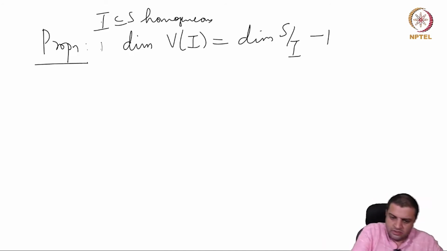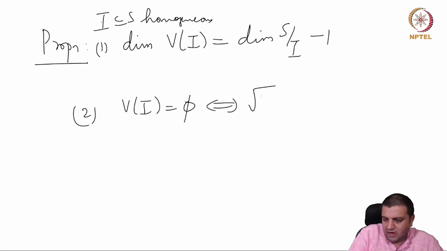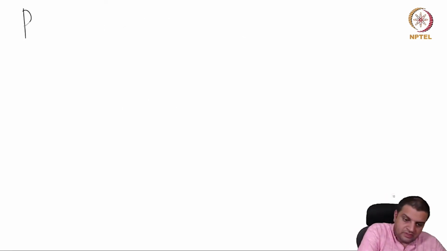This is the first statement. And second, V(I) is empty if and only if I is primary to the homogeneous maximal ideal. In other words, for every variable, some power of the variable appears inside I. So let's prove these things.